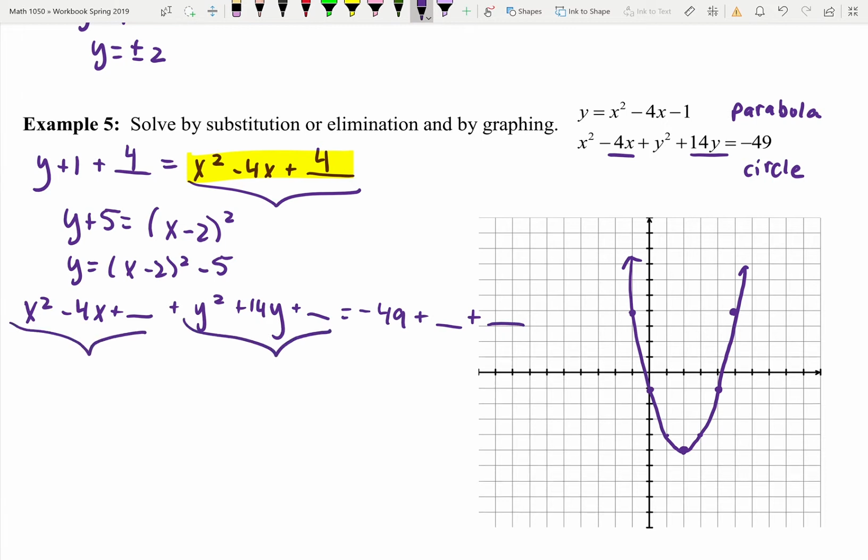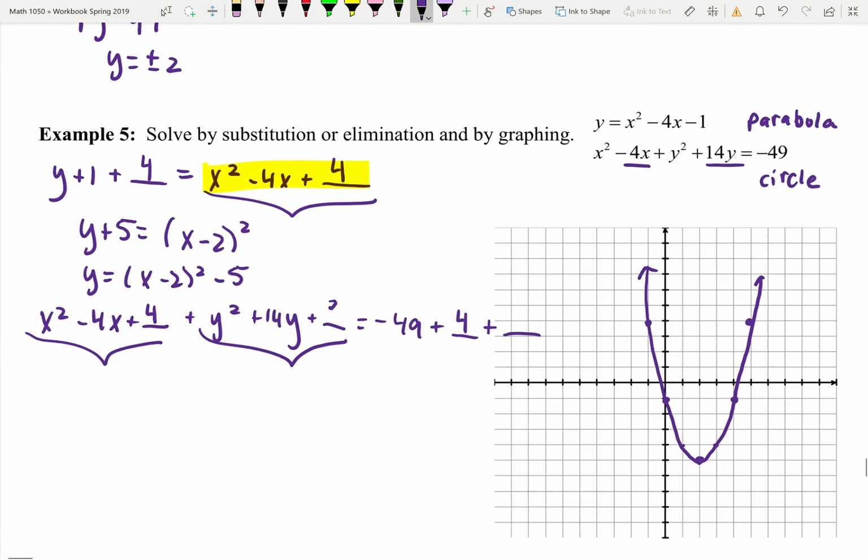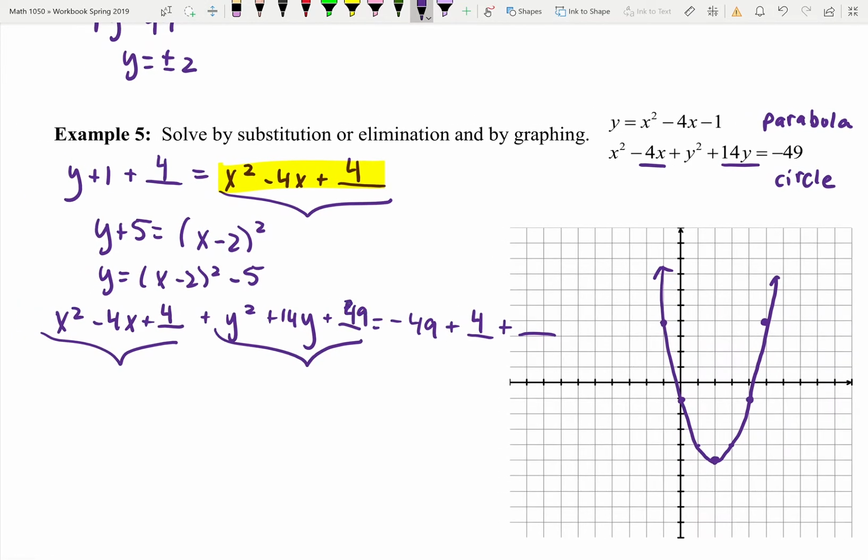Complete the square here, complete the square here. 4 divided by 2 is a 2. 2 to the second is a 4. So I'm going to add 4 there, and I'm going to add 4 there. 14 divided by 2 is a 7. 7 to the second is 49. So I'm going to put a 49 there, and I'm going to put a 49 there.